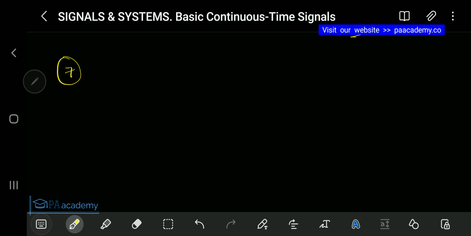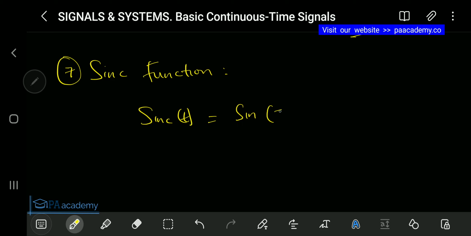All right. So the 7th one I want to talk about is the Sinc function. So this is defined as Sinc of t is equals to sine of pi t over pi t.